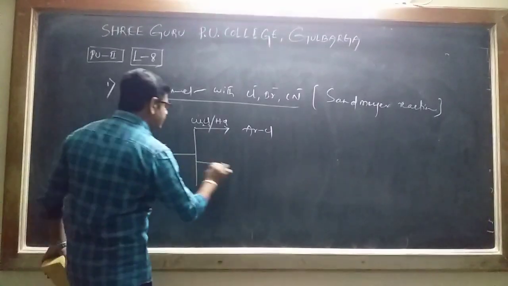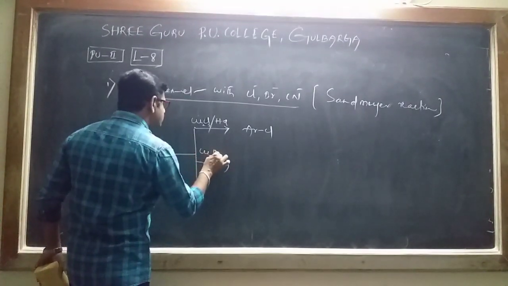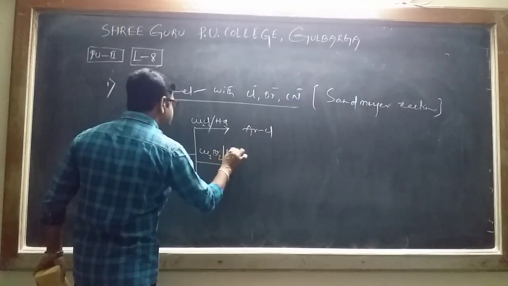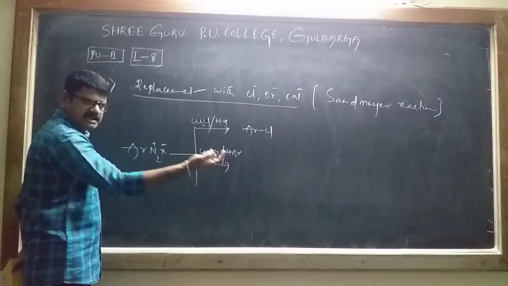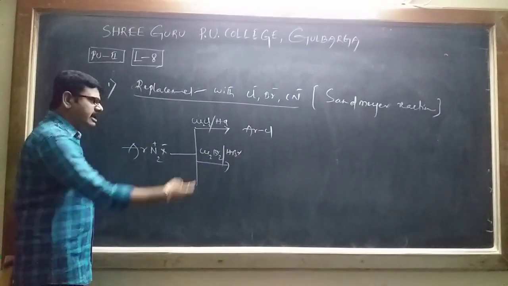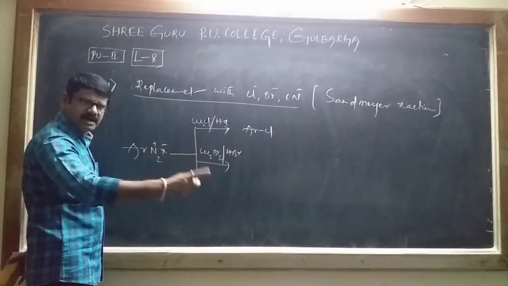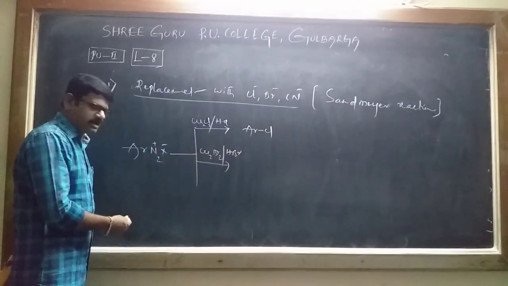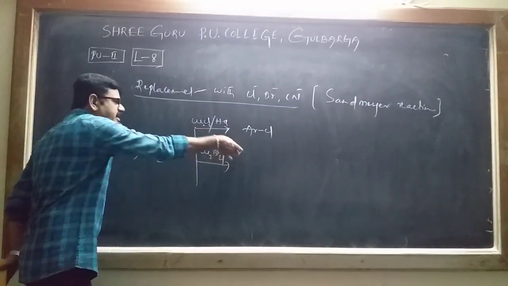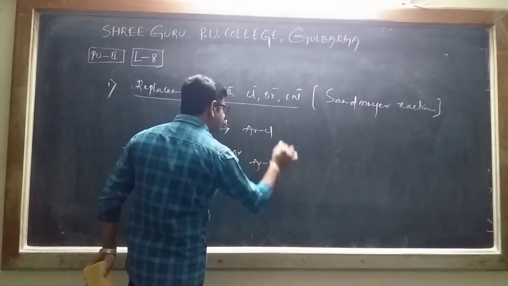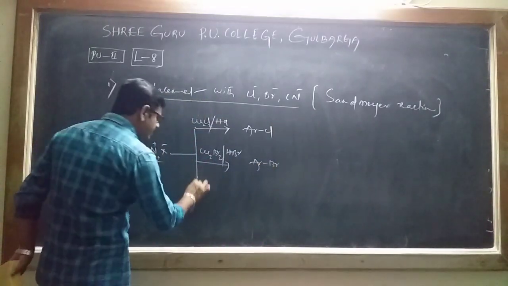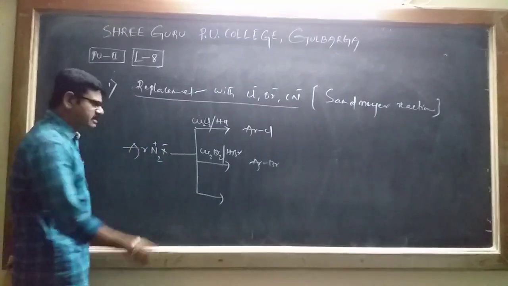The second one is Cu2Br2 with HBr. We can write Cu2Br2 or CuBr, both are the same, copper 1 ion with HBr. Then the diazo group is removed and Br substitutes, and you get ArBr, bromobenzene.